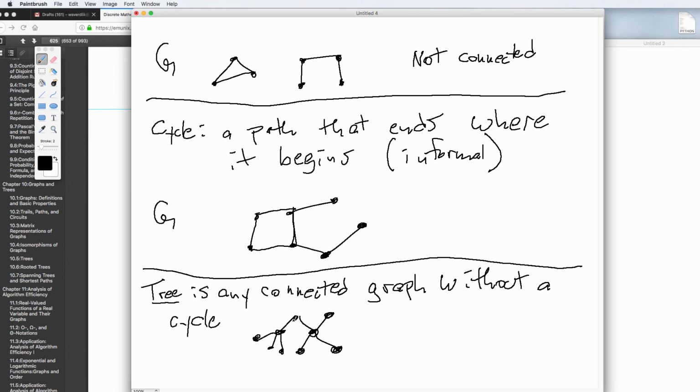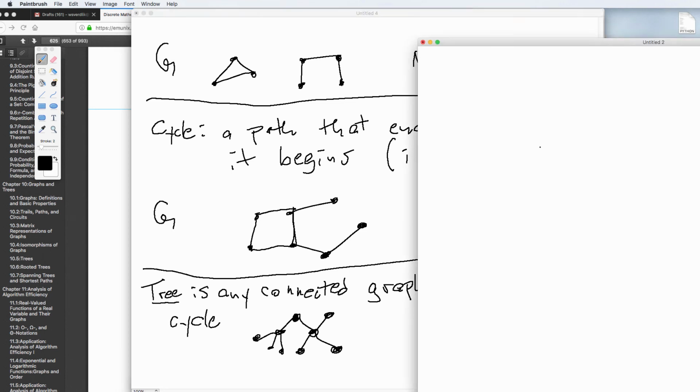That's a tree, because it is connected, and we can also see that there are no cycles here. So that's a very good definition to keep in mind. And later on in this chapter, we're going to be looking at trees. You've probably seen trees in some of your other classes. Maybe you studied things called binary search trees that sort of look like this. And there are lots of interesting properties of trees, and we will be discussing them.